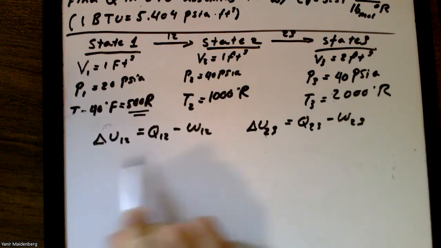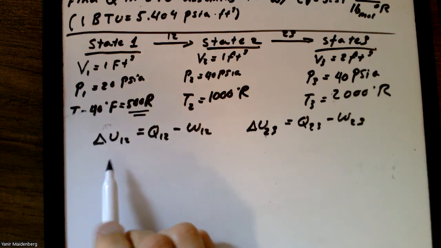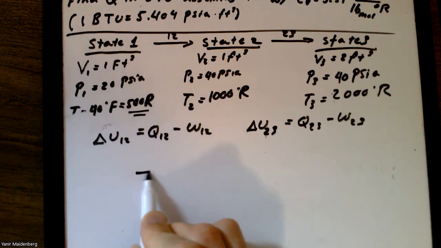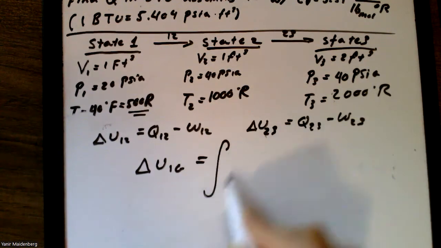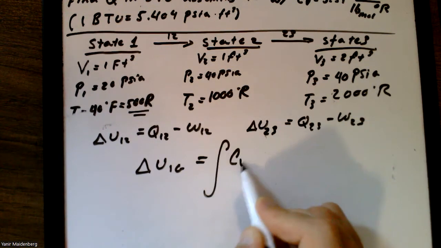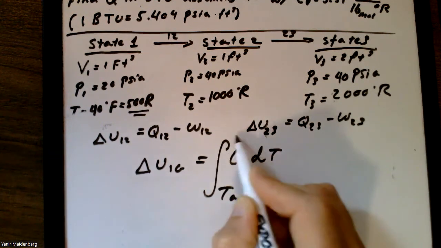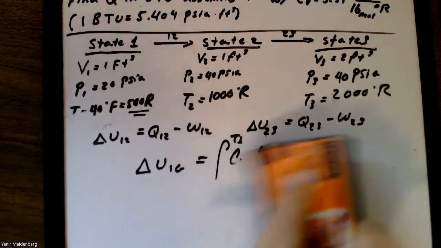So let's look at this thing here. For an ideal gas, the delta U, I'm going to erase this. I'm going to show you delta U for any ideal gas is going to be the integral of CV dT from T1 to T2. This gives me the delta U. So same thing here.